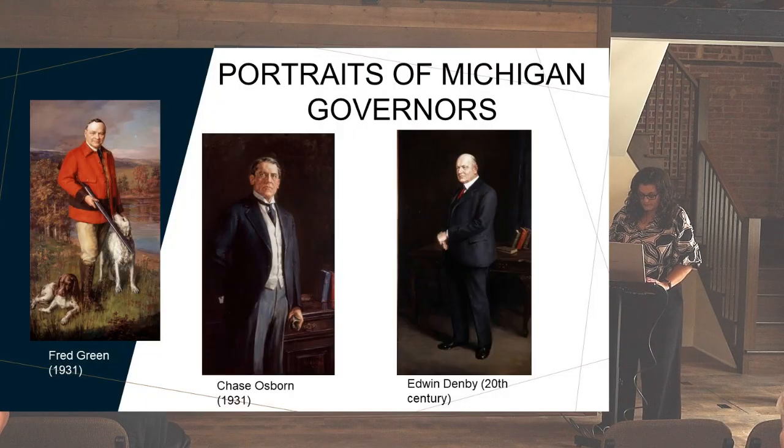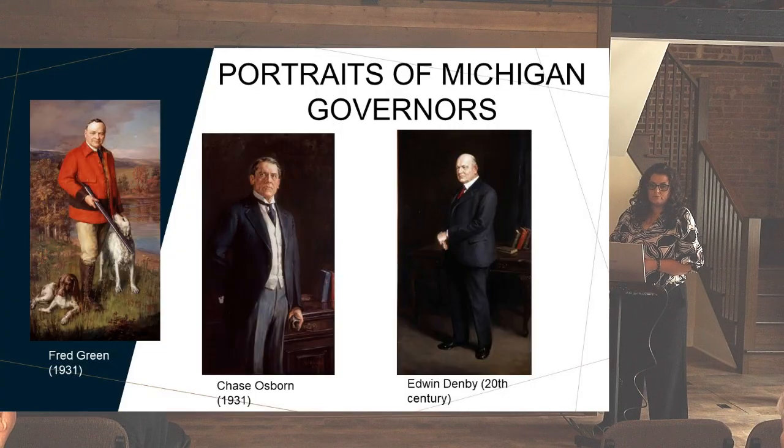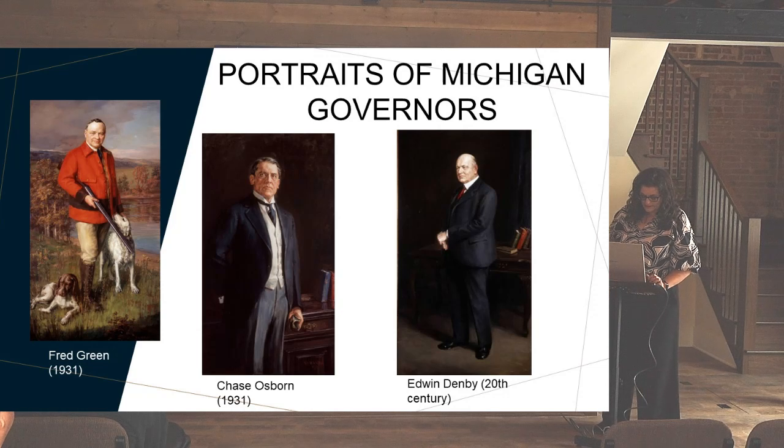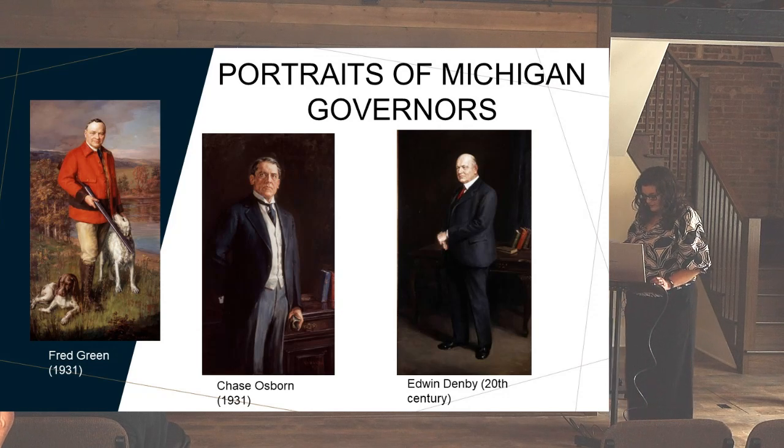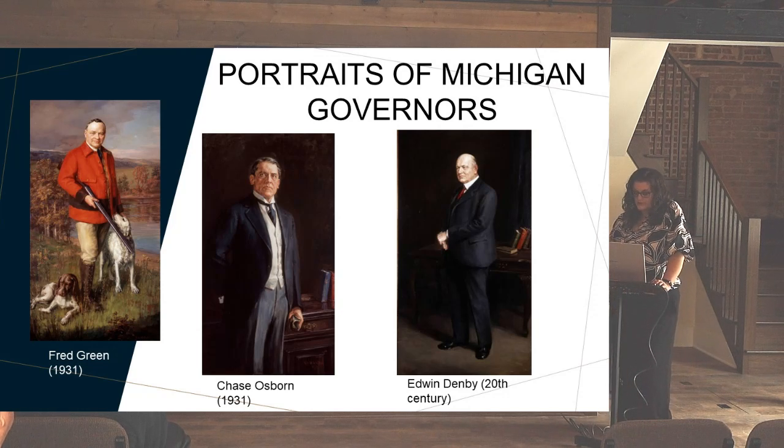Though his style is more traditional than his contemporaries, Grafton chooses again to depict the rural Midwest, which he loved to do in his paintings. The Chase Osborne and Edwin Denby portraits are very similar to the Indiana artists that we saw already.